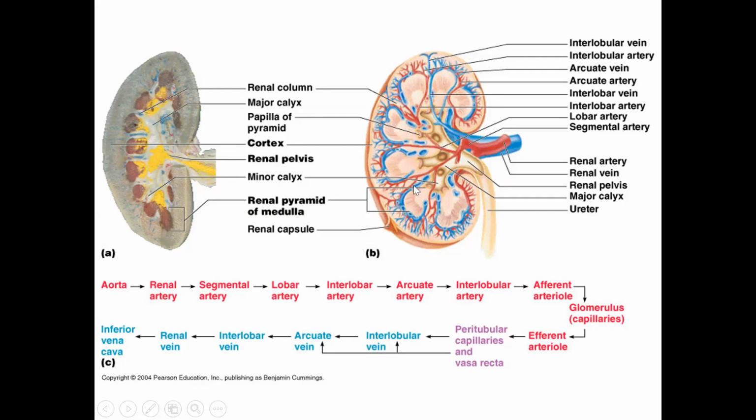Interlobar arteries then form the arcuate artery, which is between the cortex and the medulla. The arcuate artery will divide and branch out to form a cortico-radial artery, also called interlobular artery.